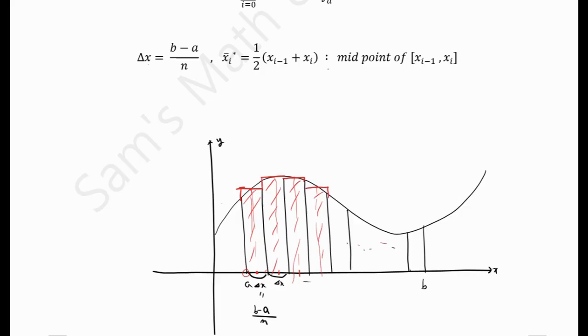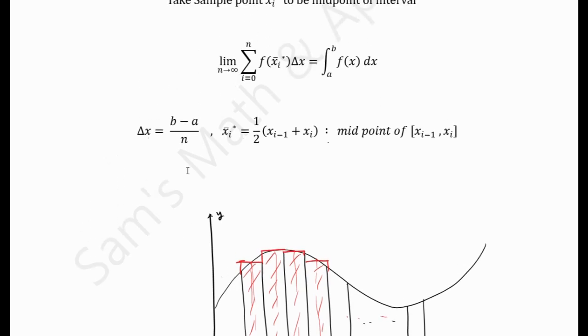This Riemann sum is called the midpoint rule. So delta x is b minus a over n, where b is the upper limit and a is the lower limit, and the sample point is the midpoint, xi minus 1 plus xi over 2.